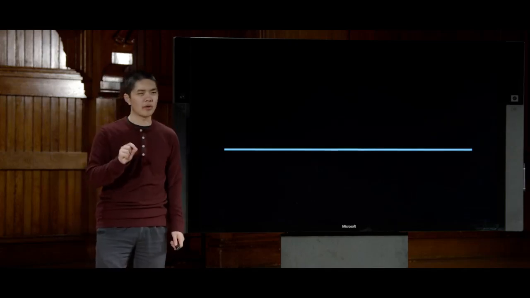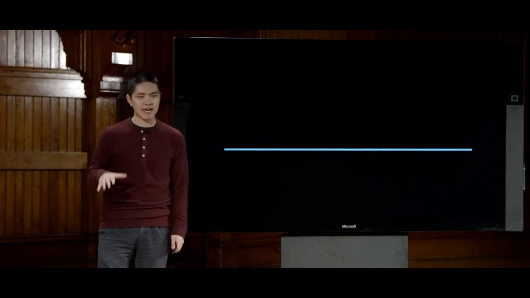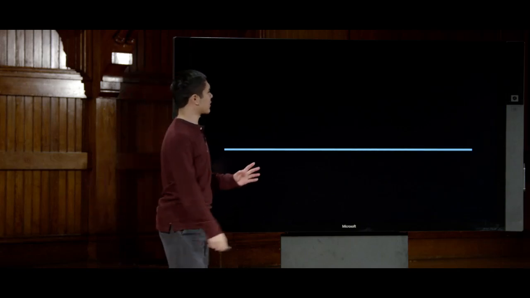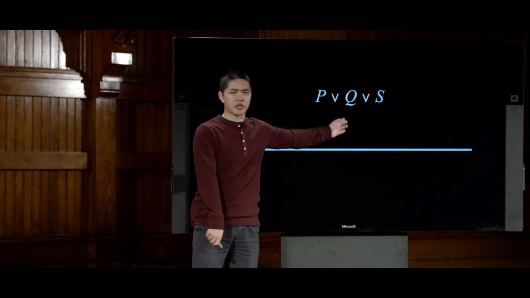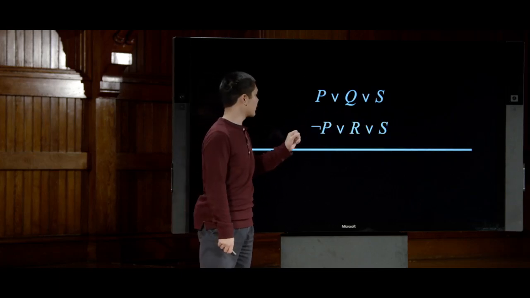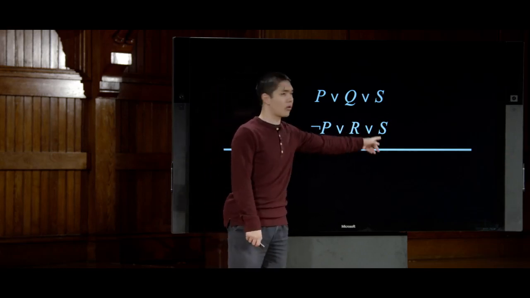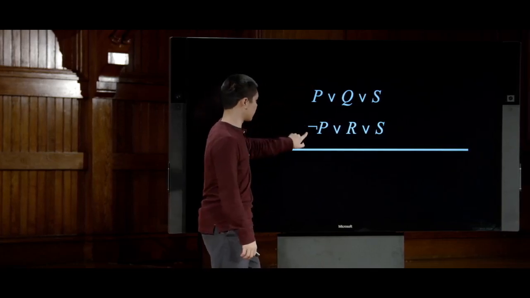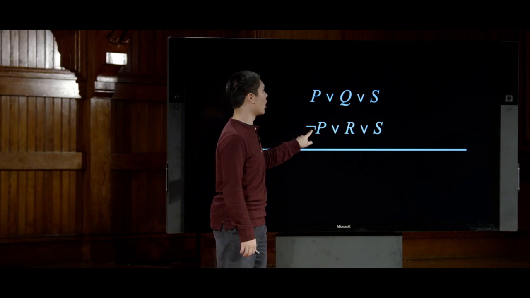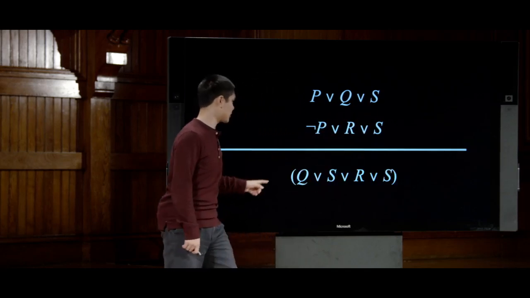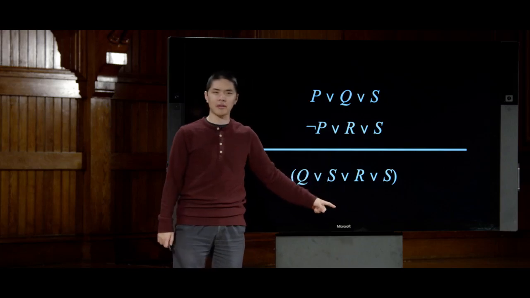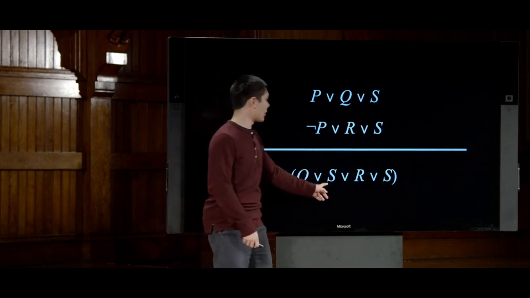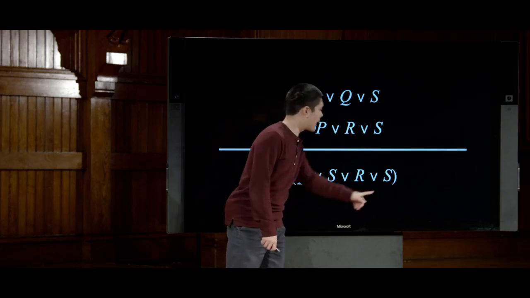Now, a couple of key points that are worth noting about this before we talk about the actual algorithm. One thing is that let's imagine we have P or Q or S, and I also have not P or R or S. The resolution rule says that because this P conflicts with this not P, we would resolve to put everything else together to get Q or S or R or S. But it turns out that this double S is redundant, or S here and or S there.